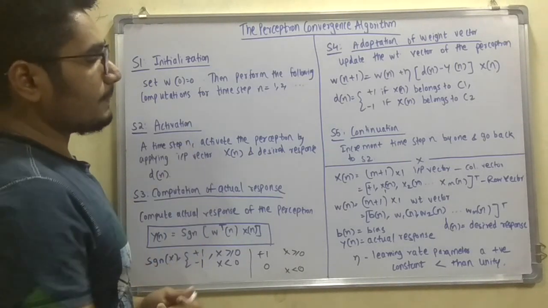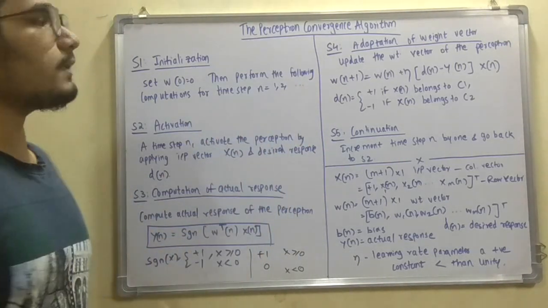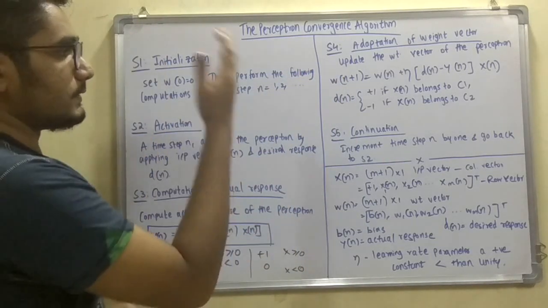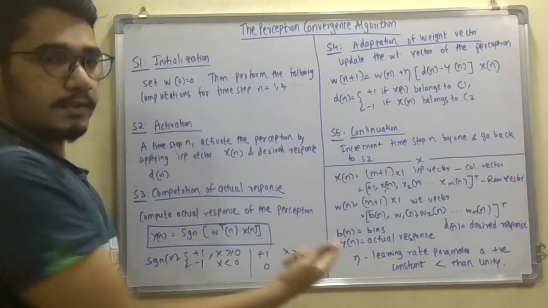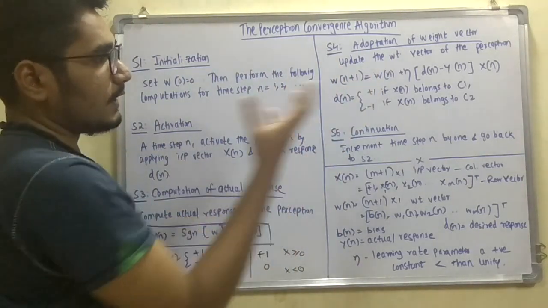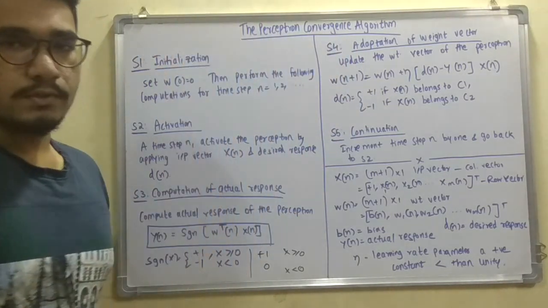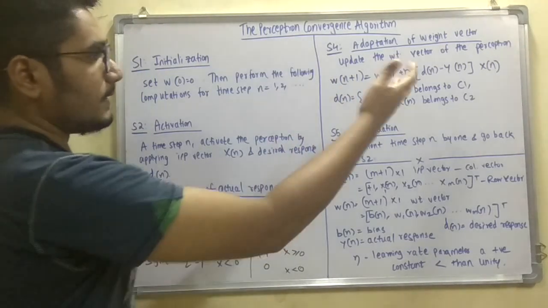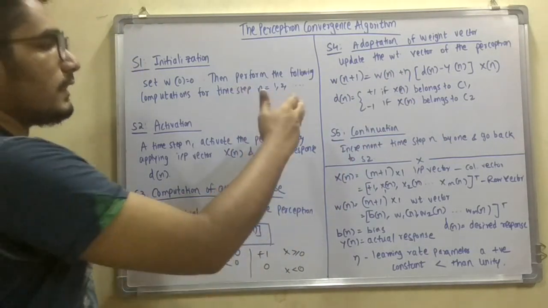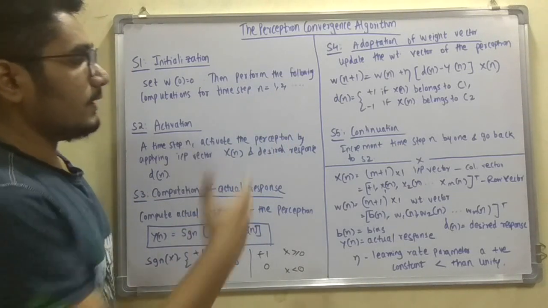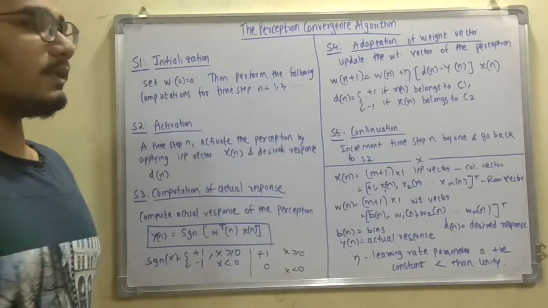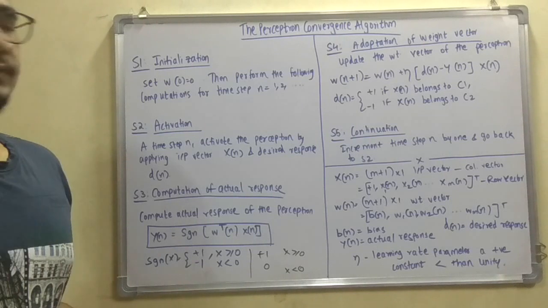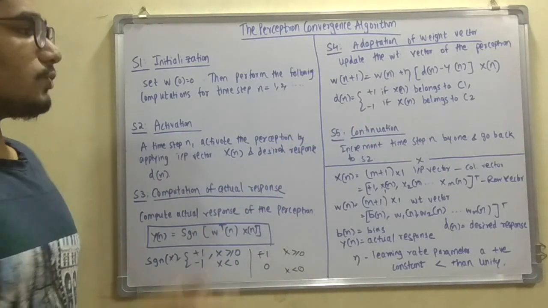So w(n+1) equals the earlier weight vector wn plus eta, the learning rate parameter, multiplied by the difference of the desired response from the actual response, multiplied by the input vector. The desired response is +1 if xn belongs to c1, that is class 1, and -1 if xn belongs to c2.